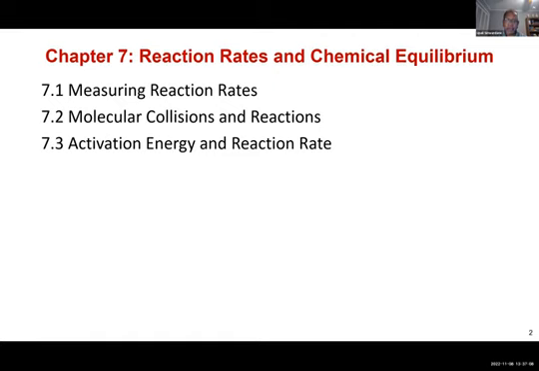Activation energy is important for reaction rate. Higher activation energy means a slower reaction. Lower activation energy means a faster reaction. So for the rate of a chemical reaction, we consider all these factors.